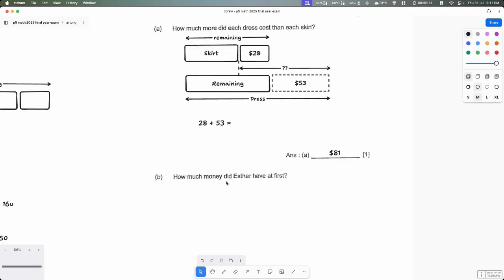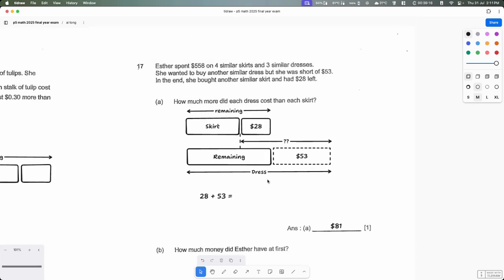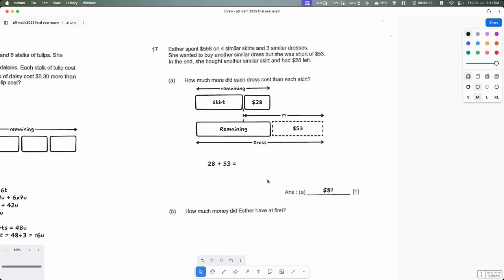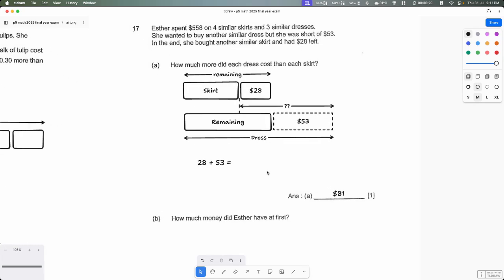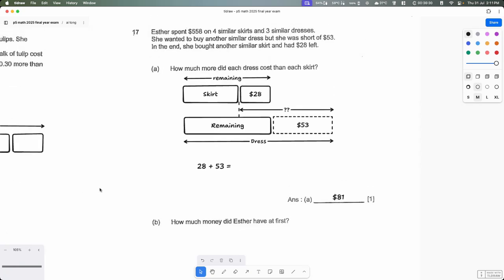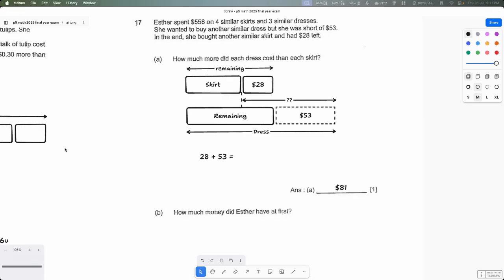Next one. How much money did Esther have at first? We know that she spent $558 on 4 similar skirts and 3 similar dresses. If we can get the skirt amount, then we can get the remaining and add this as well.